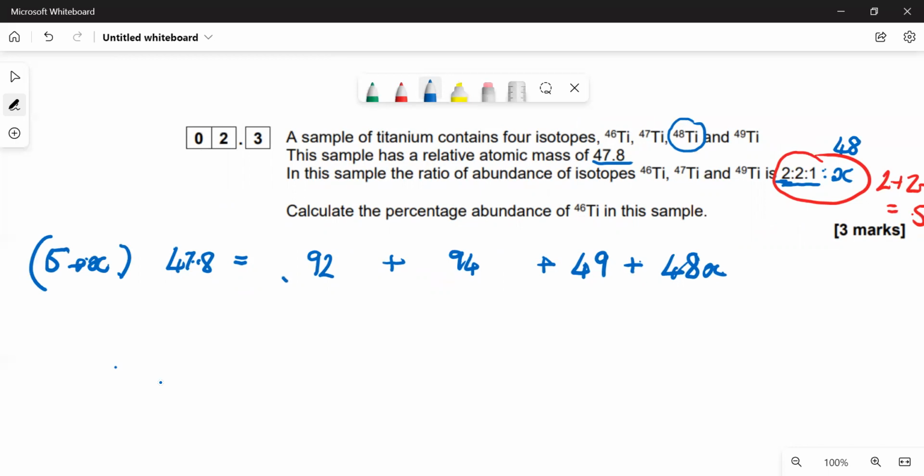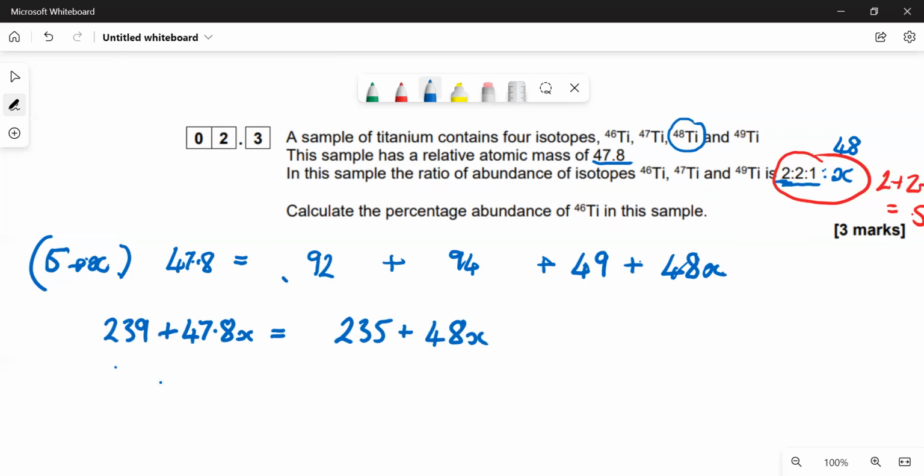Then we end up with 5 times 47.8, that's 239, plus 47.8x. And 92, 94, 49, that gives us 235 plus 48x.